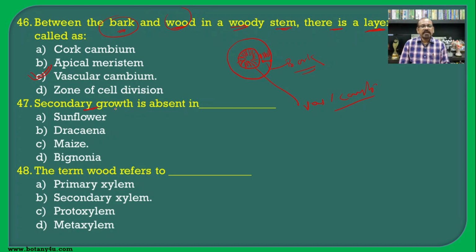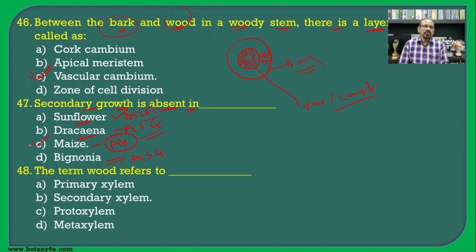Then secondary growth is absent in... If we see the sunflower, there is a presence of secondary growth, as it is a dicot, with normal secondary growth. Dracaena is a monocot, but anomalous secondary growth is present. Then in maize there is an absence of secondary growth, and in bignonia there is again anomalous secondary growth.